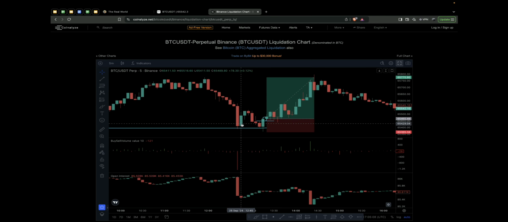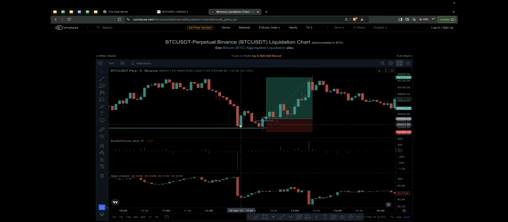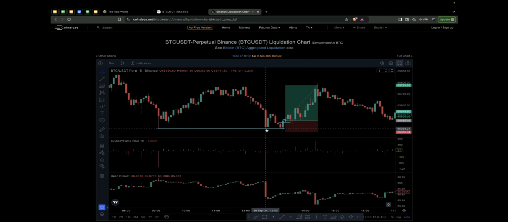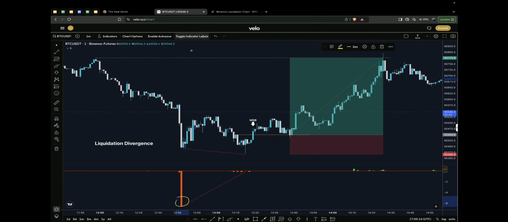You can't yet, because you don't have a price trigger. Because what could you do? You could enter there and put your stop loss at the lows. Well, it gets stopped out. If you wait for your price signal, which is following that, then you have your divergences or you're confirming OI and delta signals, and then you use price to get your entry, define your stop loss, and away you go.